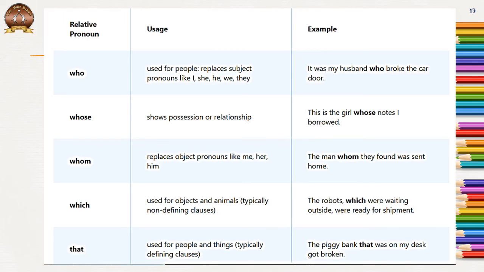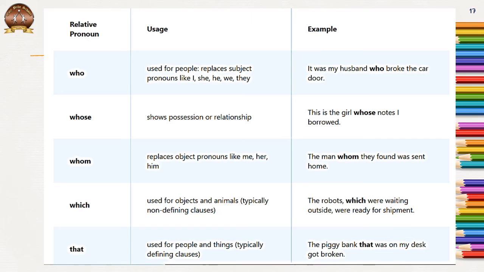Now that is also used for people and things, but the difference is that one is used for non-defining clauses and one is used for defining clauses. How? Let's understand through the sentences. The robots which are waiting outside were ready for shipment, and the piggy bank that was on my desk got broken. So here which is used.